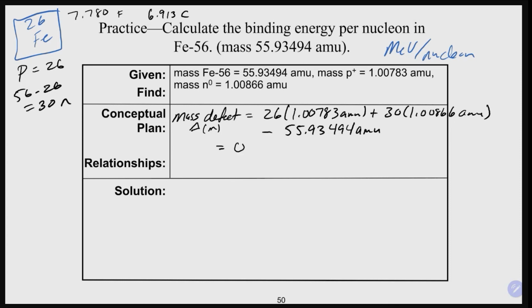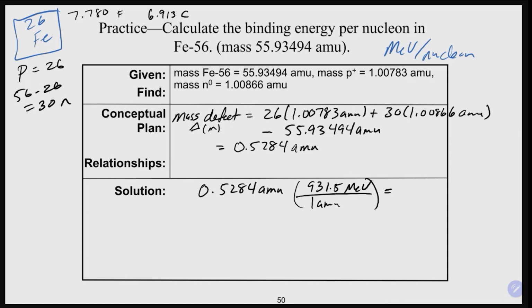Looks like 0.5284 AMU, which, since we are looking for mega electron volts, we might as well just use the conversion. 1 AMU is 931.5 mega electron volts.